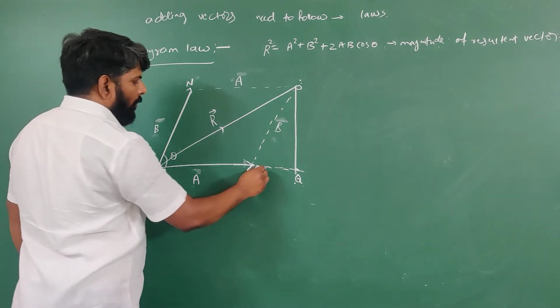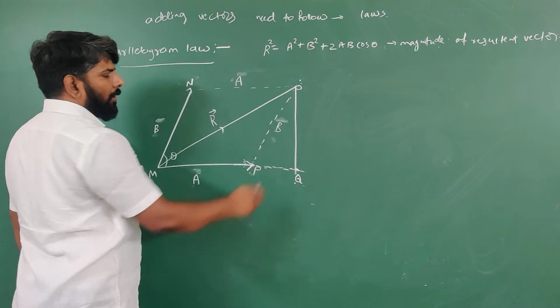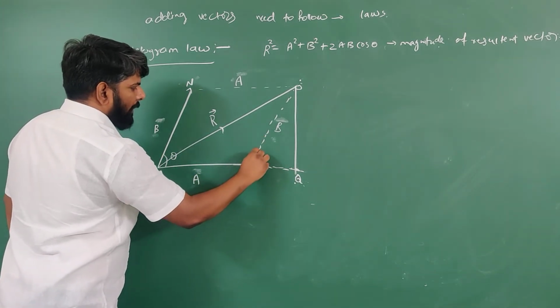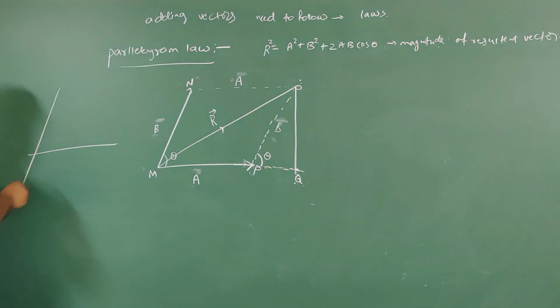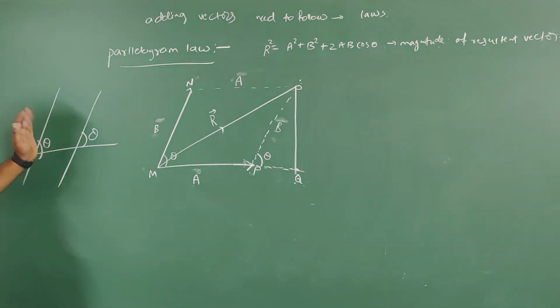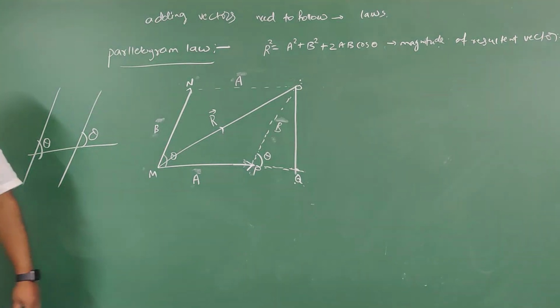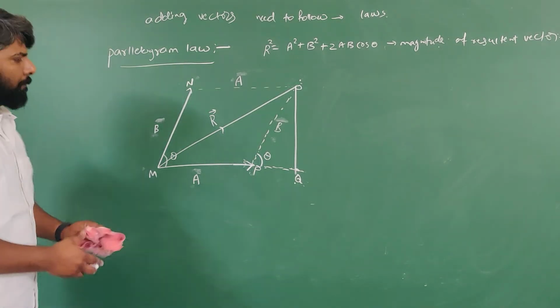Got it? So the side PQ called adjacent and OQ called opposite. If it is theta, then here it is also equal to theta, because they are parallel. Don't get confused here. Okay.